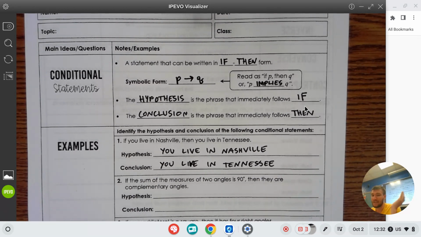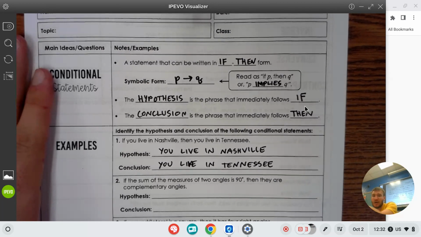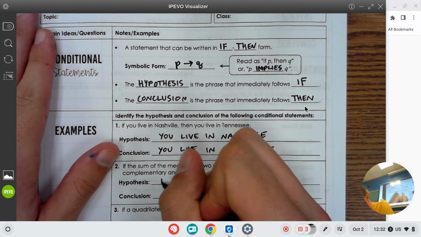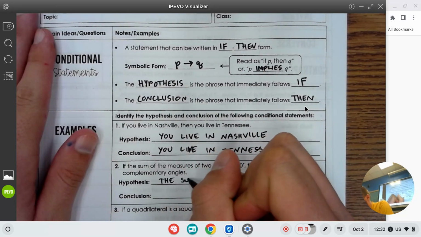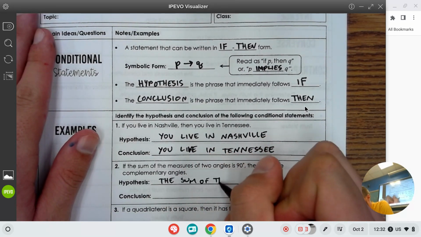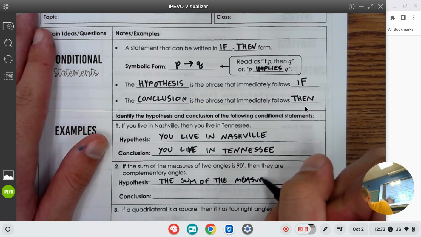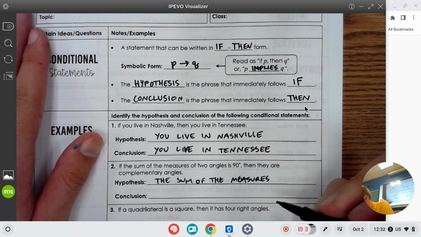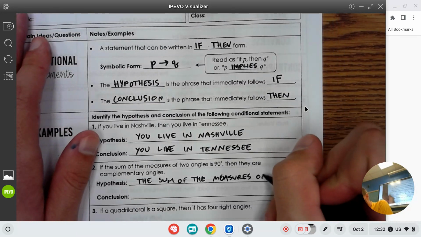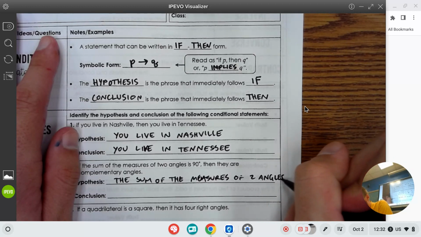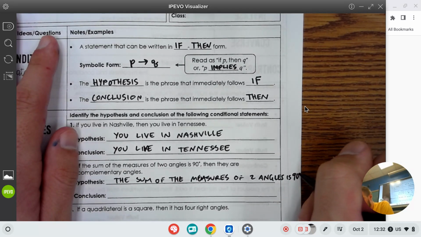And again, I really don't see how we're going to have much problem with a question like number 2. What's the hypothesis? The one that comes right after if, which is the sum of the measures of 2 angles is 90.